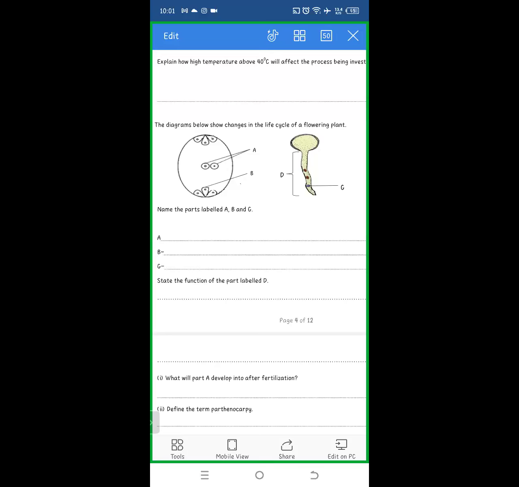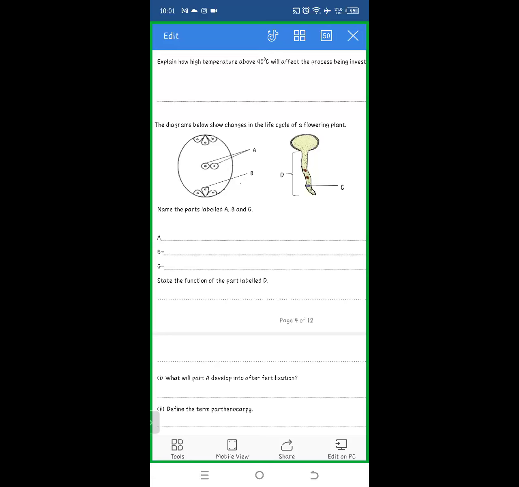So that directs not the synthesis, but the growth of the pollen tube. Then we have part A, that is the polar nuclei, and part B, of course, that would be the egg cell, and down below are synergids, which nourish the egg cell.